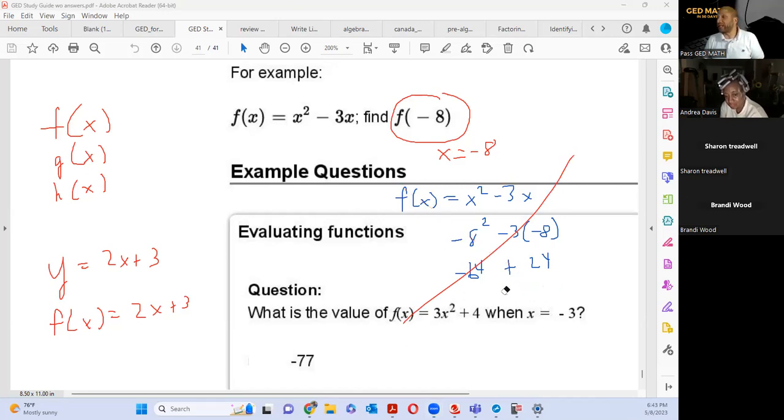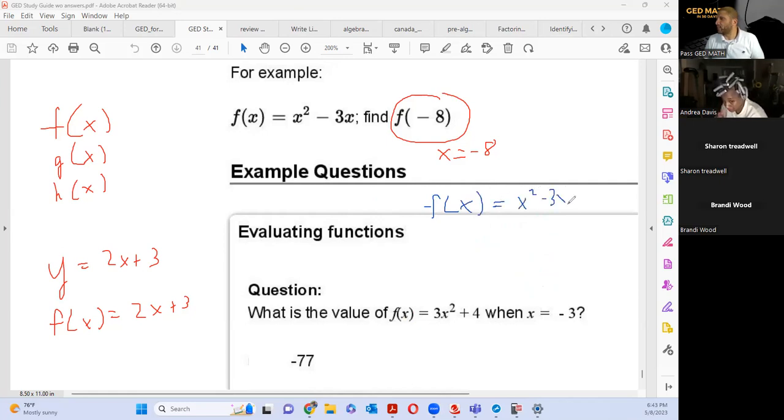So what do I tell you in the ebook? What do I tell you in class? If you see a negative number, put it in parentheses. So f of x equal x squared minus 3x. X is -8. So everywhere I see x, I'm going to put -8 in parentheses. So (-8) squared minus 3 times (-8).